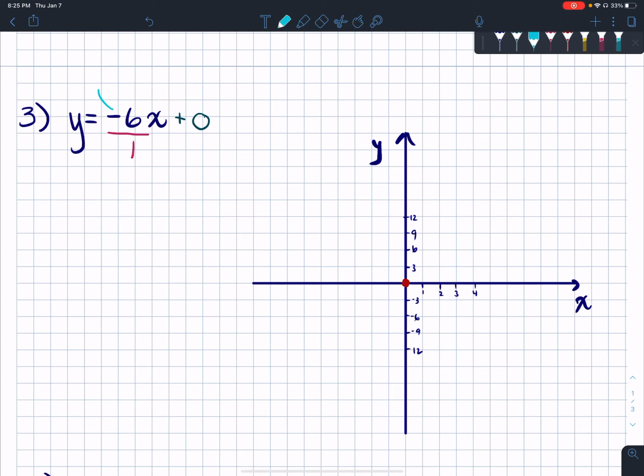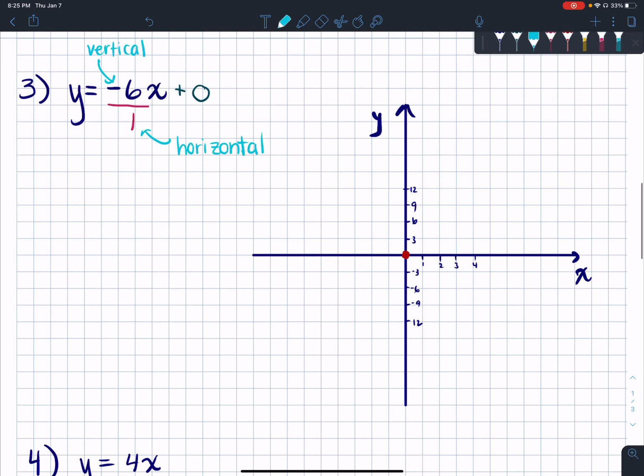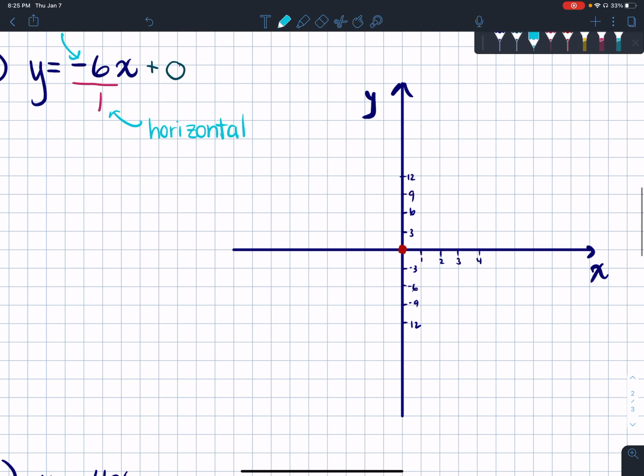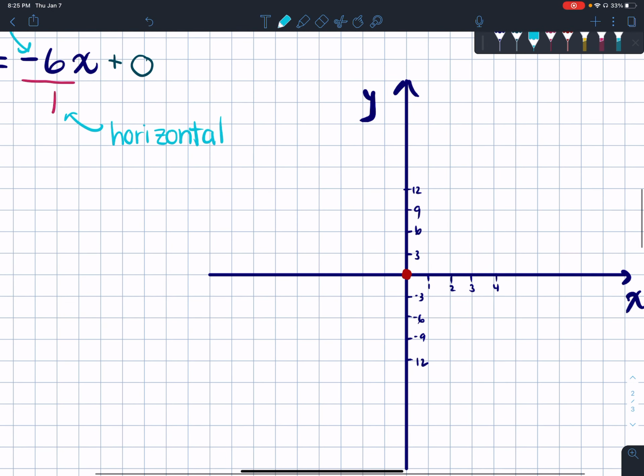We're going down by 6, since this is our vertical change. And we are going across by 1, since this is our horizontal change. And if you noticed here, this graph is scaled by 3. So every square counts for 3.